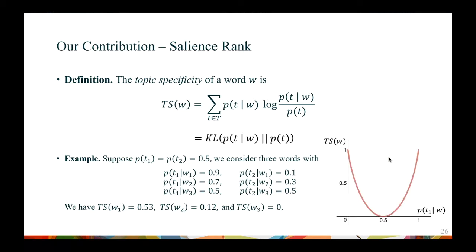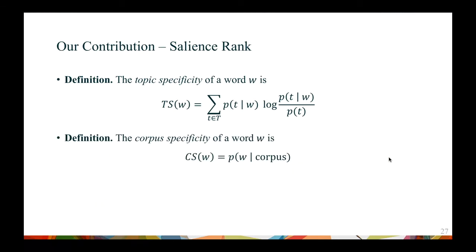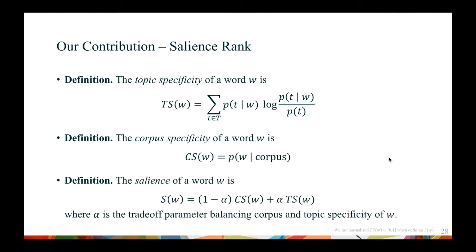This is a graphic illustration of how the value of the TS changes when the word changes. For the corpus specificity, we directly use the frequency of the word in the corpus, so essentially this is the easiest calculation. Finally, we define the salience of a word as a linear combination of TS and CS.